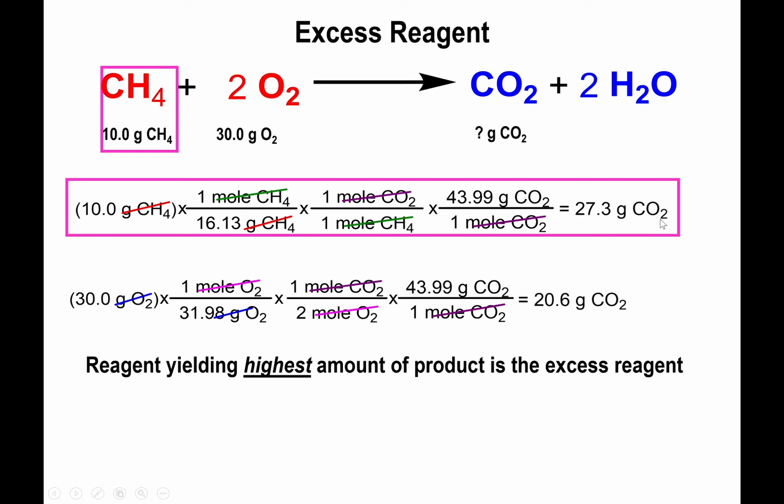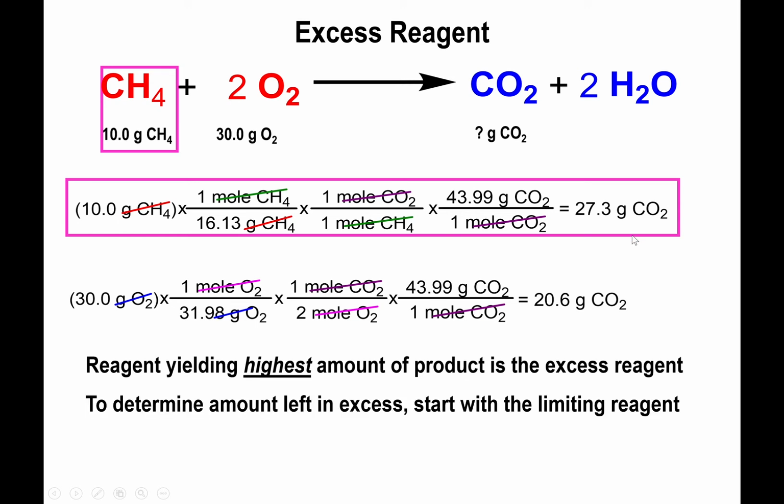And unfortunately, CO2 is not the excess reagent. CO2 is the product. So this equation right here is completely meaningless. And not only that, even though it's giving you an amount for CO2, it's not even the true amount of CO2, because this is not the limiting reactant or deriving from the limiting reactant. This derives from the excess reagent. So this is completely meaningless.